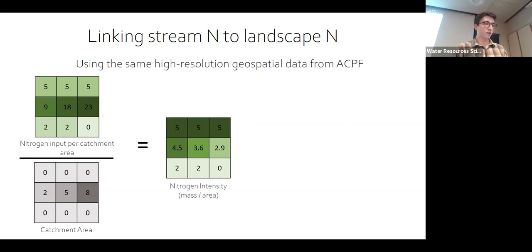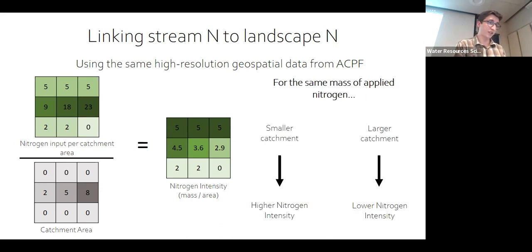And so we just divide those two to get this nitrogen intensity value. So it allows us to compare regions of the watershed that may have a similar amount or very different amounts of applied nitrogen, but be very different sized catchments. So for the same mass of applied nitrogen in a smaller catchment, you'd have a higher nitrogen intensity. In a larger catchment, you'd have a lower nitrogen intensity.